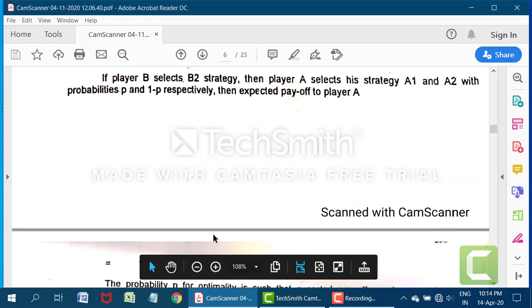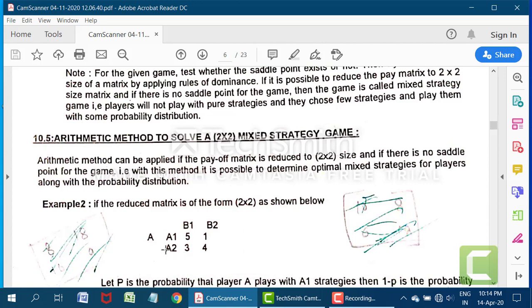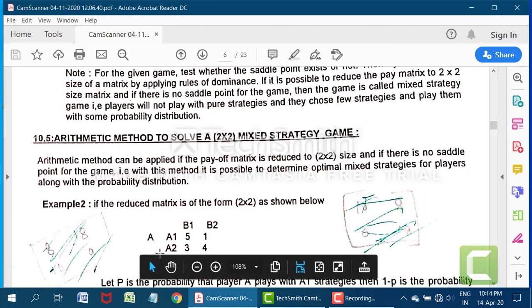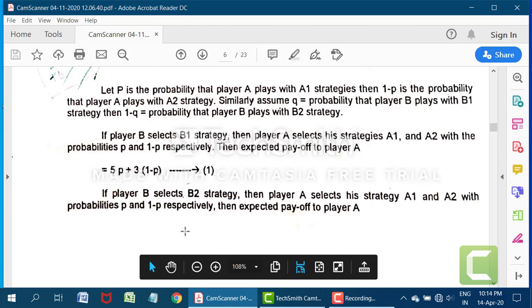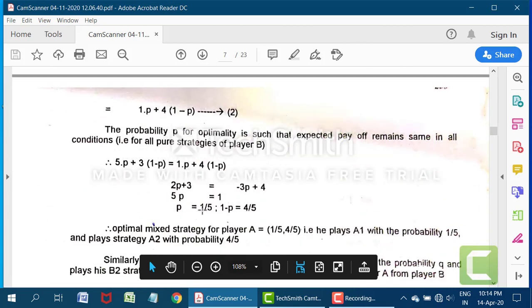What is P? P is nothing but the probability that A is going to choose the A1 strategy. If that is known, the probability that A is going to choose the A2 strategy is 1 minus P. P equal to 1 by 5, 1 minus P equal to 4 by 5.